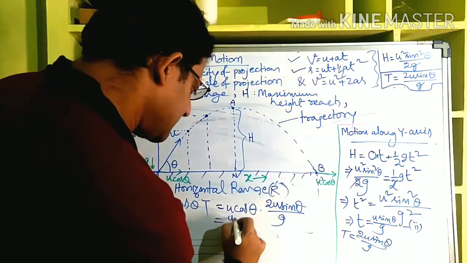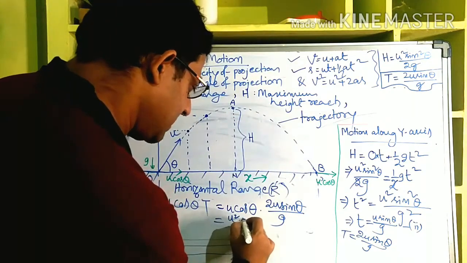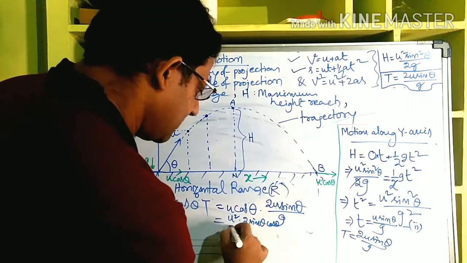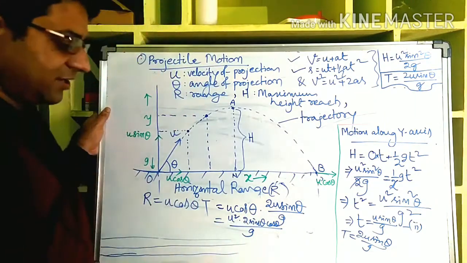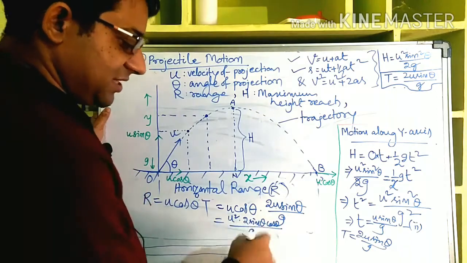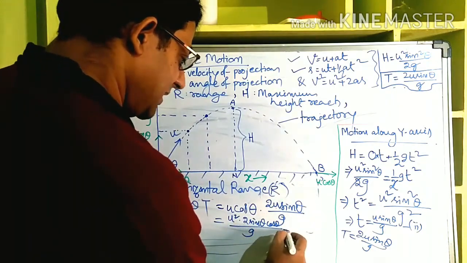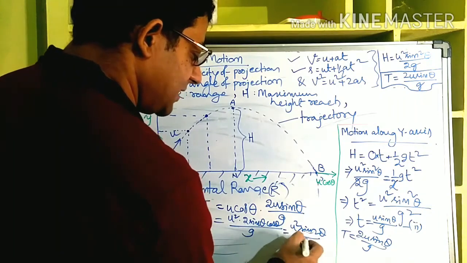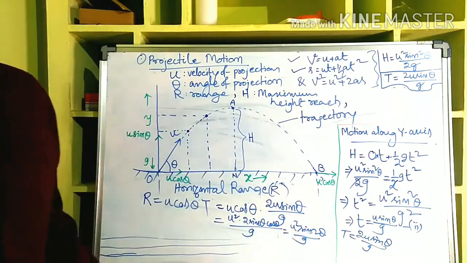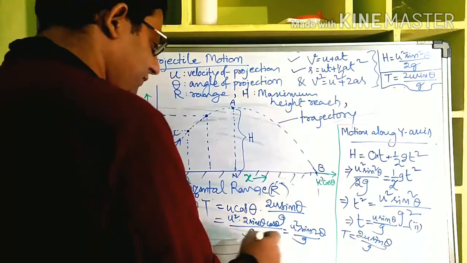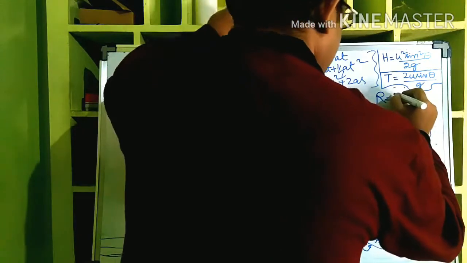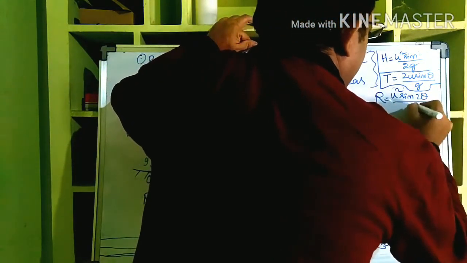Now we can write it as u square multiplied by 2 sin theta cos theta by g. Now we have one trigonometric identity. 2 sin theta cos theta is sin 2 theta. So I can write that as u square sin 2 theta by g. So the final result we got is range is equal to u square sin 2 theta by g.